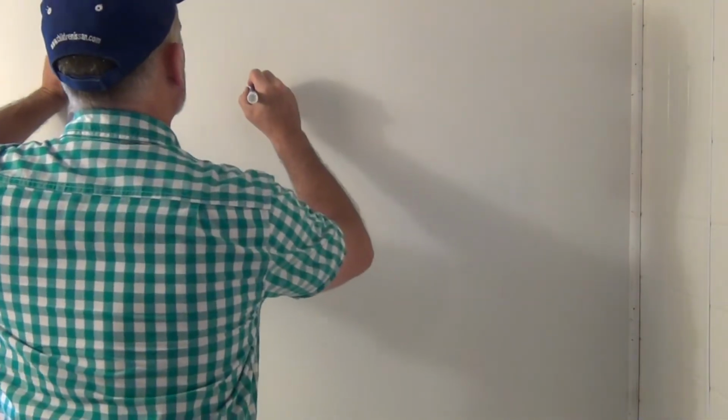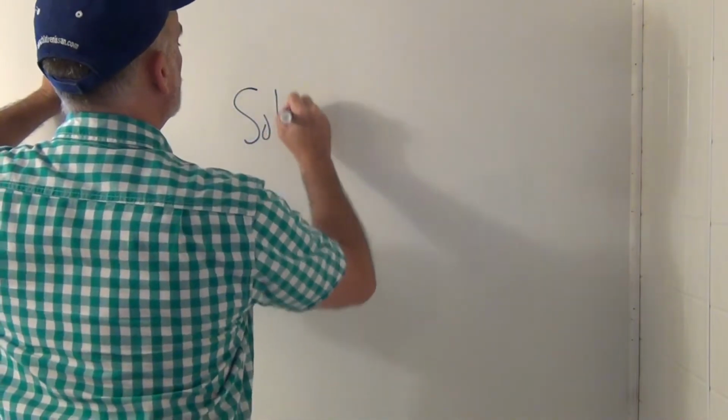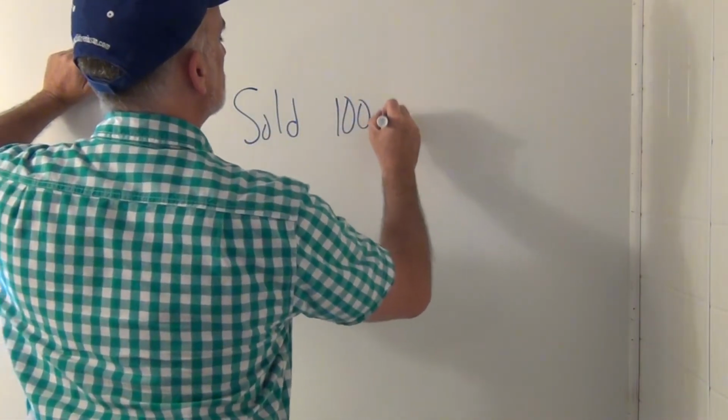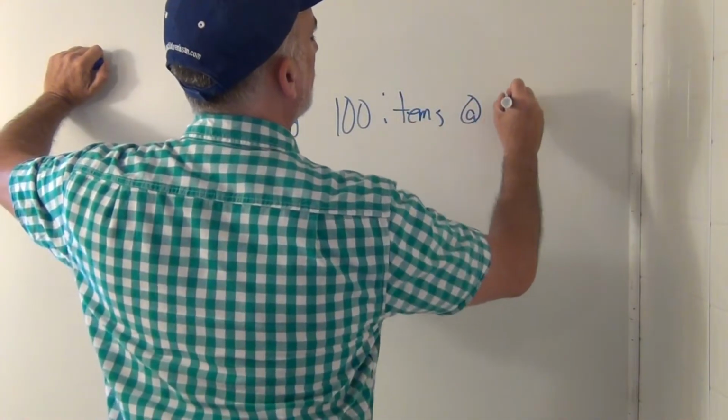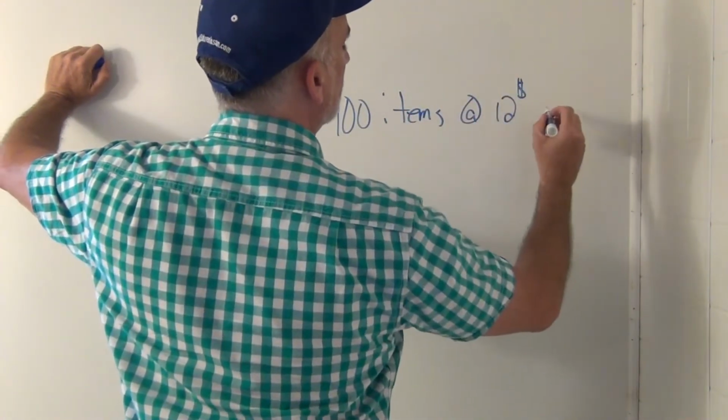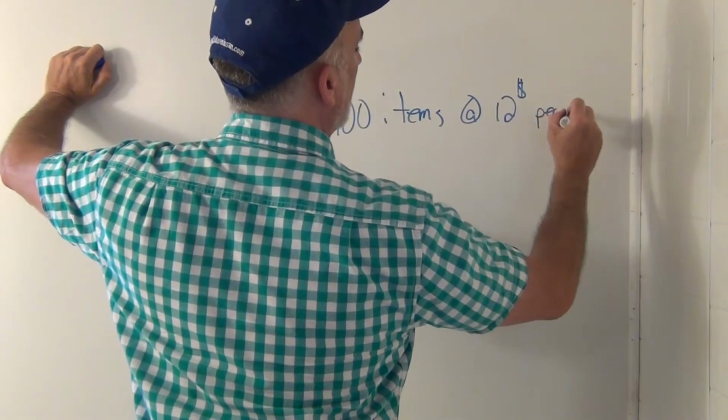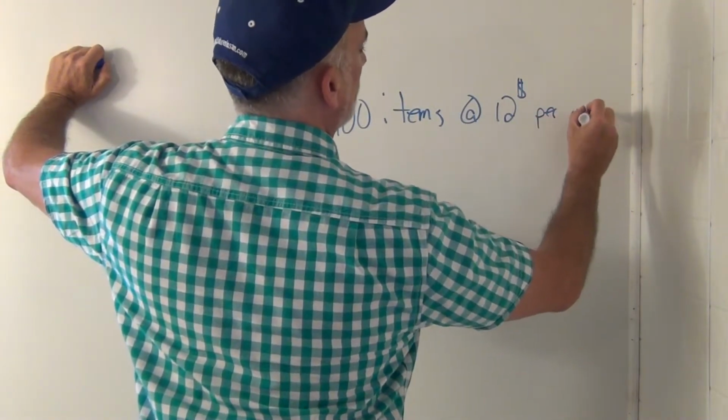Alright, now let's look at a standard question that you may see on the test. Okay, let's say that a company sells 100 items at $12 a piece. So, they sold 100 items at $12 per item, per unit.